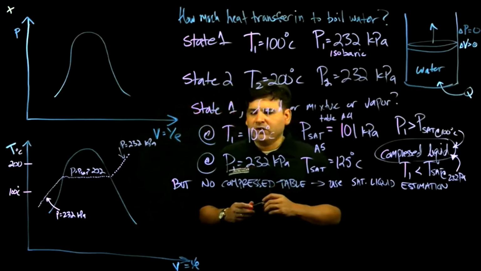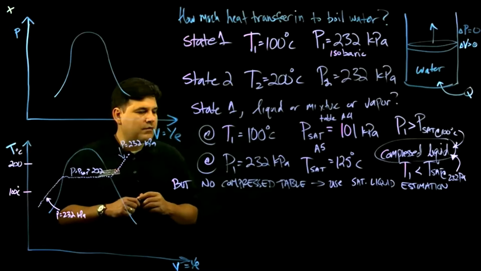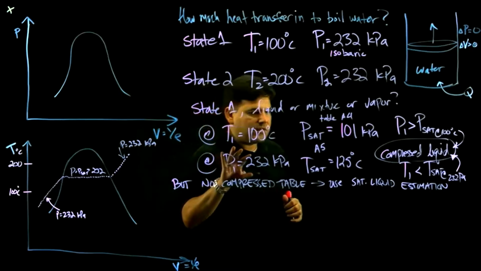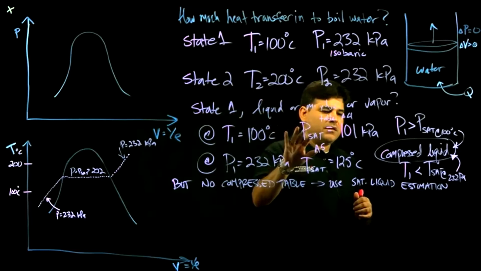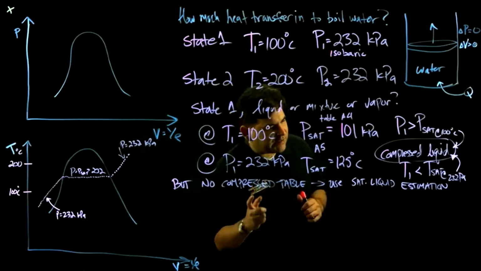But before we do that, how do we get the values of the properties without a compressed table?